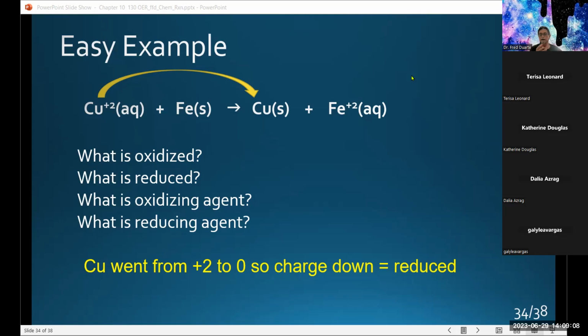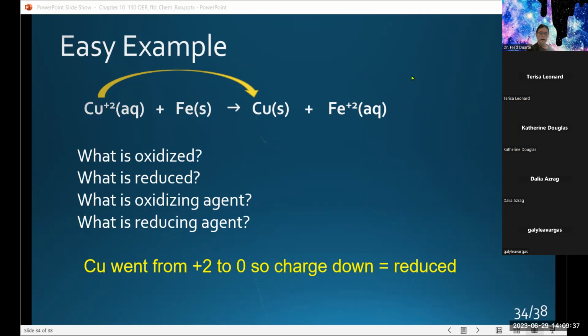Well, I add negative numbers. I need a -2, so a +2 plus a -2 equals 0. So what is negative? That's electrons. So what happened was that copper +2 must have gained 2 electrons, and it underwent reduction. It got reduced because it went from a +2 to a 0.